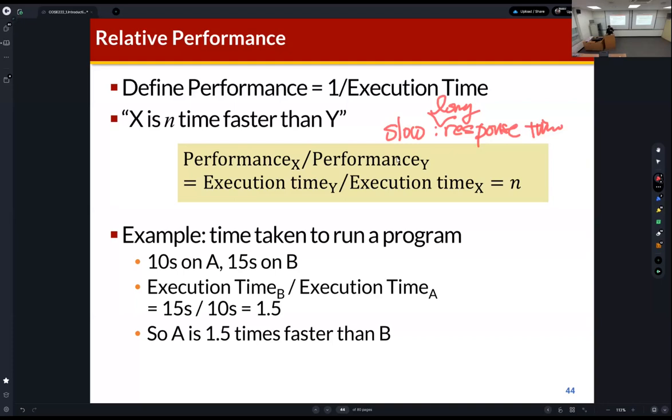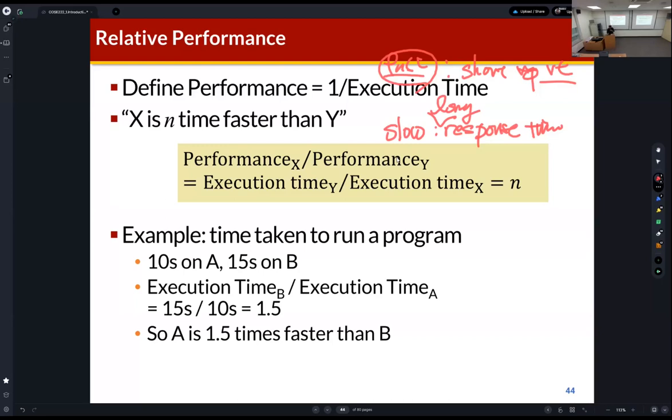Long response time means it's slow. And what's the best? Fast. Oh, my computer is fast, which means performance is high. It's actually a short response time. So you can say the performance of my computer is high, which means my computer has a short response time, right?